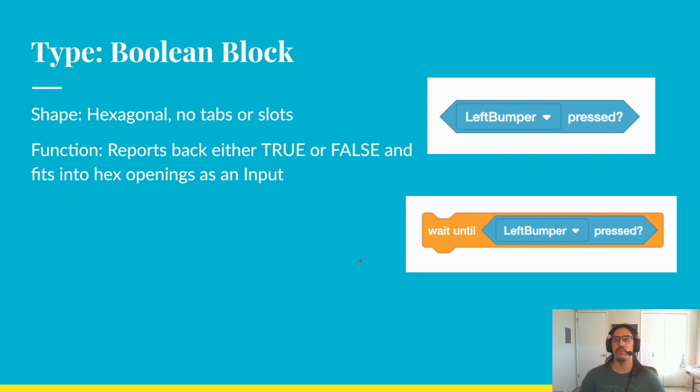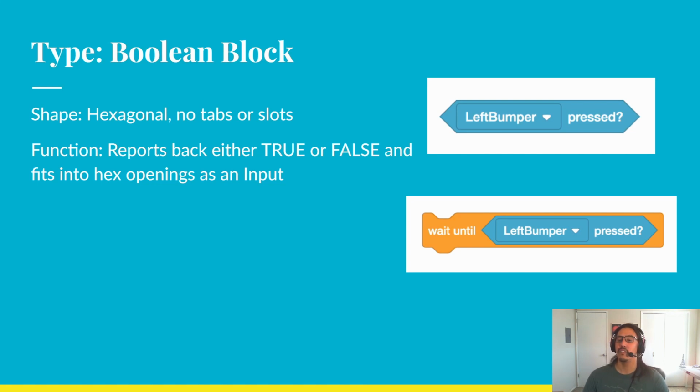Move on to a slightly different type of block. This one is a Boolean block. A Boolean block is not a command. It cannot stack. Instead, these have a hexagonal shape with no tabs or slots on them at all. And that's because of what they do. A Boolean is something that can either be true or false with no in between at all.